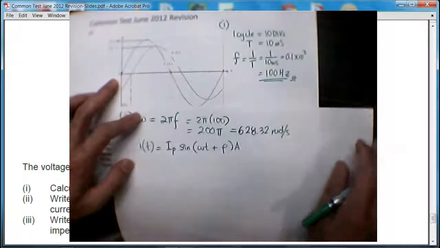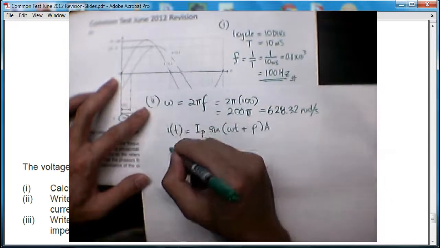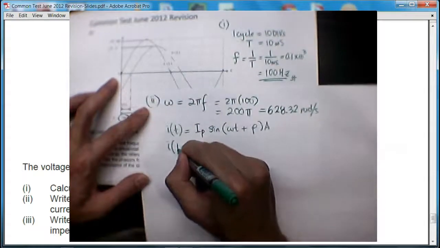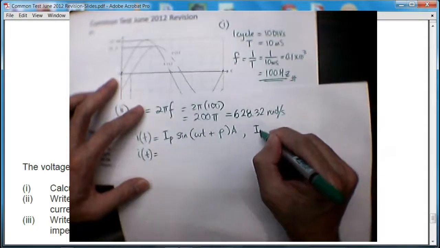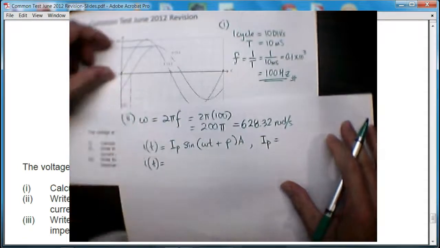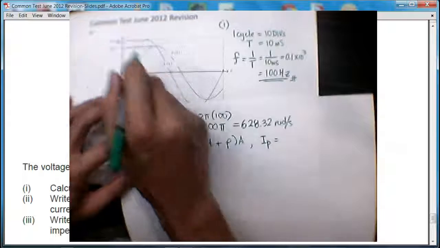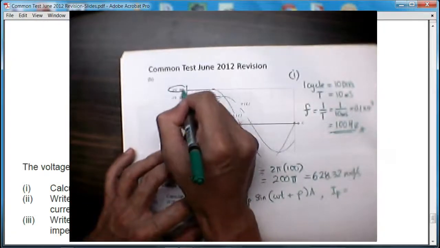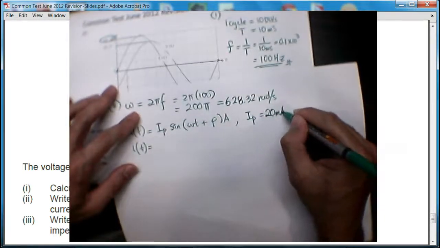In other words, there is no phase shift for the current waveform. So I can go on to write the value. Before that, I need to determine I peak. What is I peak? Now I peak is the maximum value. In this case, the maximum value is 20 milliamp. So I can write down here 20 milliamp.